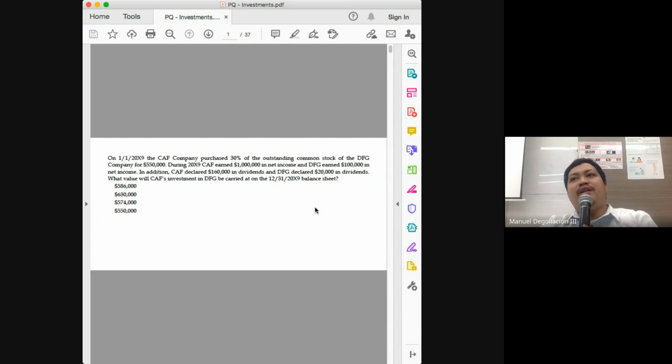But are we supposed to deduct the entire 20,000? No, because we did not receive the entire 20,000. The 20,000 here is the total dividends that will be distributed to all the shareholders. Again, we only account for 30% of the ownership in the investee. So you have to determine how much then is your share in the dividends. 30% of 20,000 is 6,000. And what do we do with the 6,000? Deduct. Okay?